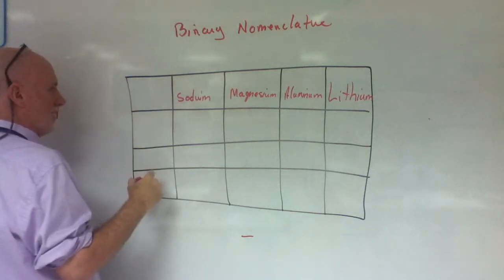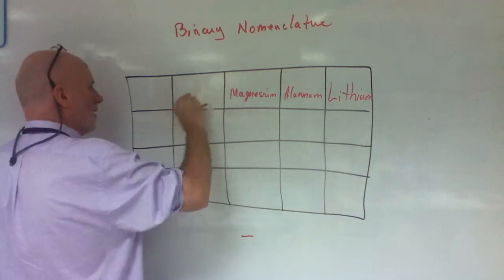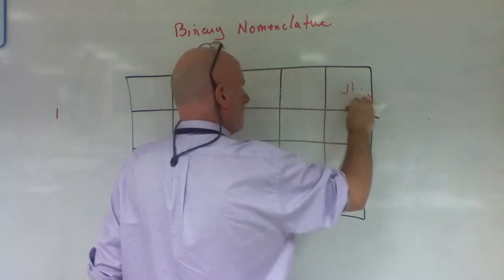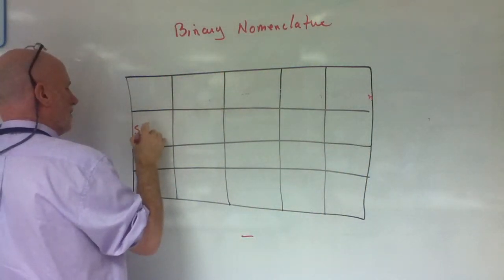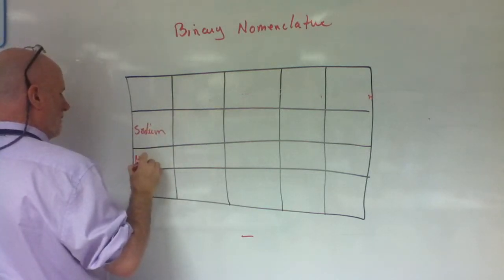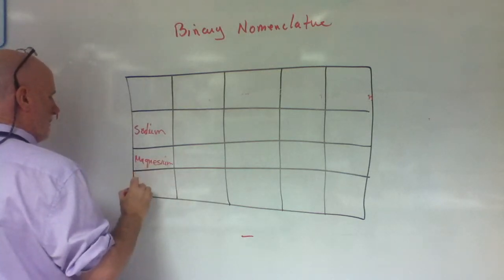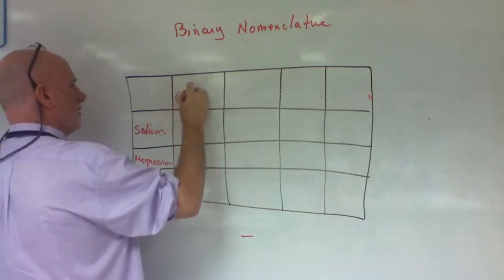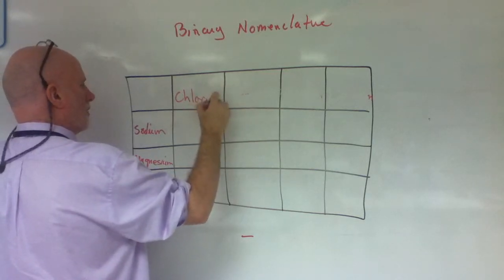And then on this side, now you know what? I screwed up. Let's put down here positive components: sodium, magnesium, and we'll say boron. Is that okay? And here we're going to put chlorine.